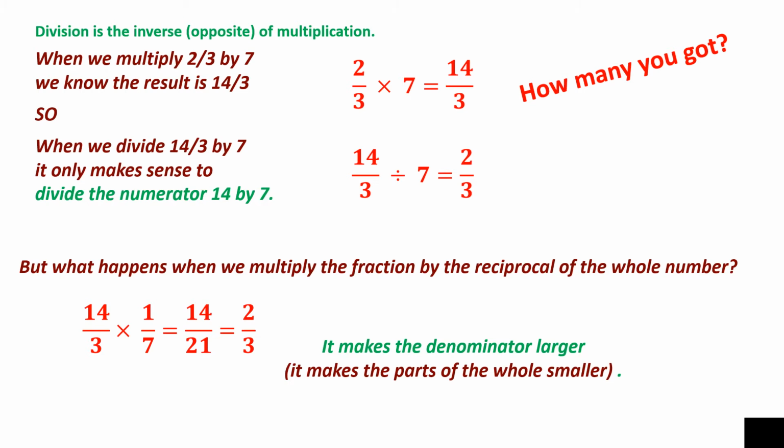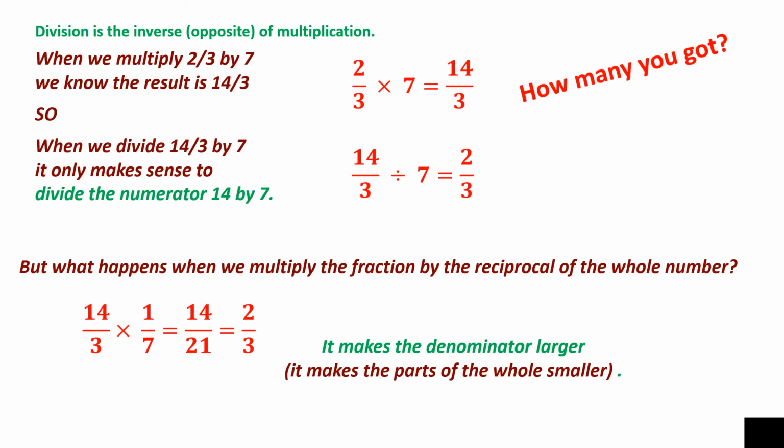But what happens when we multiply the fraction by the reciprocal of the whole number? That has the effect of making the denominator of the fraction larger. And think about that. What happens when the denominator becomes larger? It makes the parts of the whole smaller.